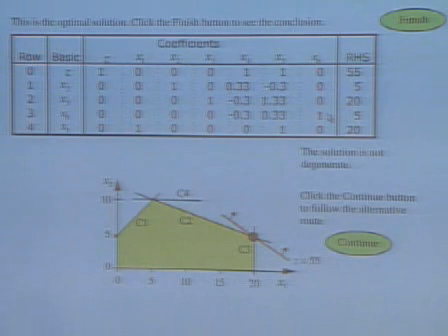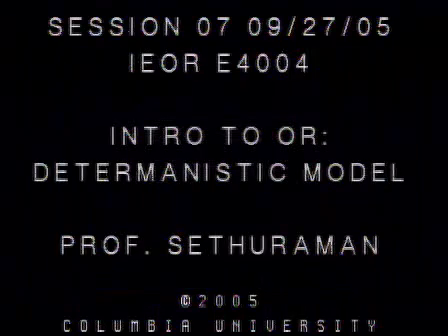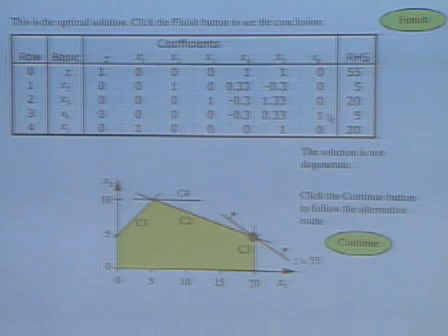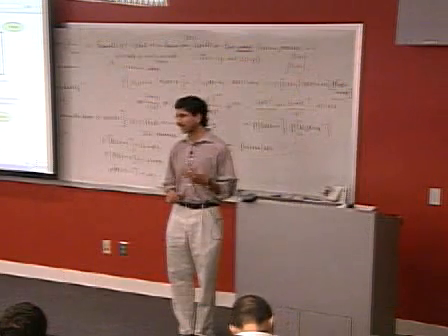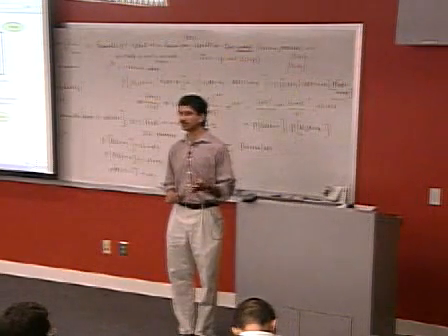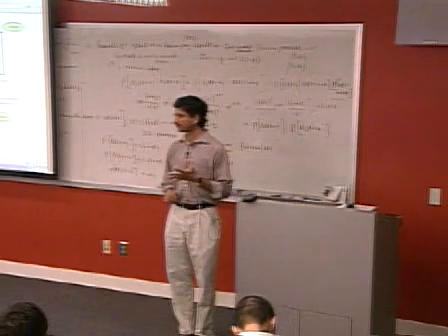So the summary is that when you have a tie in the minimum ratio test, your next solution will always be a degenerate solution, meaning one of the basic variables will have 0 value.